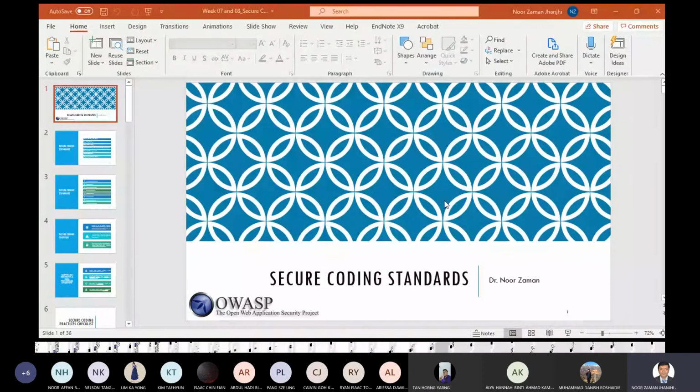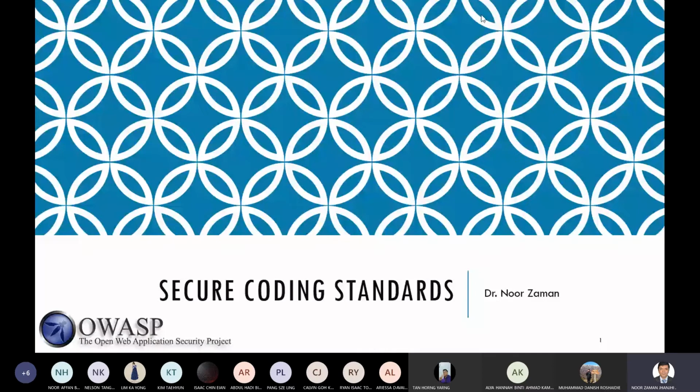Today we are going to start one more new concept, which is related to secure software systems. As you remember, we discussed multiple concepts, including risk assessment, threat modeling, security requirements, and many different things.